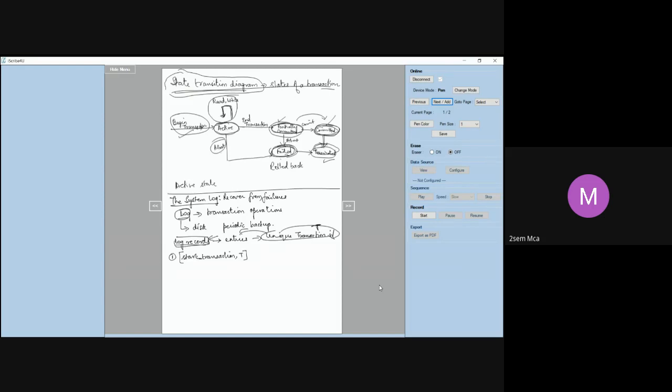T means you are uniquely identifying a particular transaction. Start transaction T indicates that T has started execution. T is a unique transaction ID which indicates a particular transaction. So the fact that this transaction has started execution gets recorded in your log.